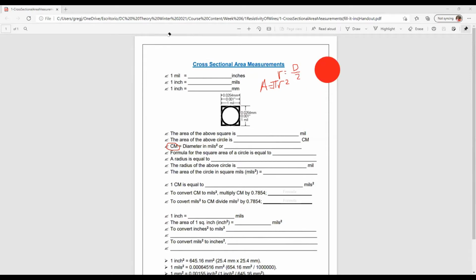Now, let's say that we have a diameter equal to 1 mil.